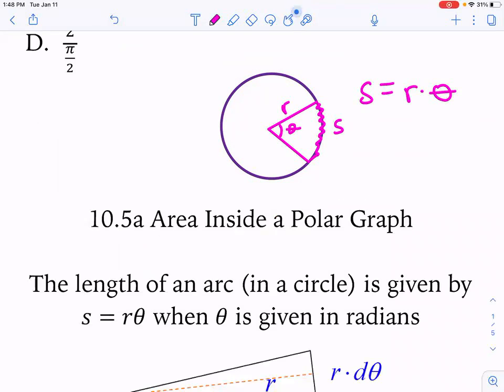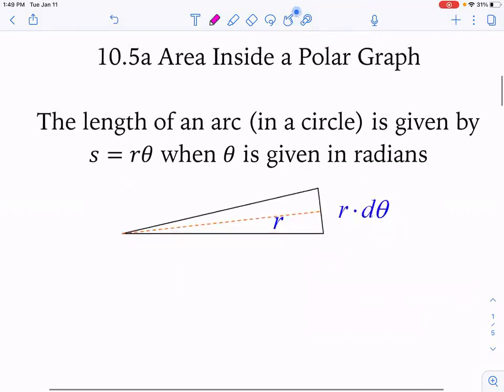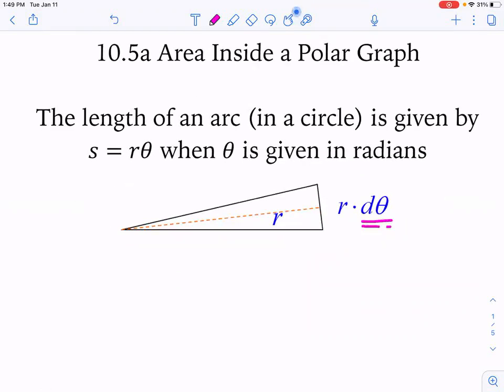So what I'm doing is taking some sort of curve and slicing it so that our theta is super duper small, so small that this sliver looks kind of like a triangle.